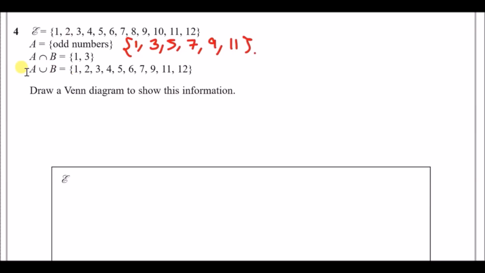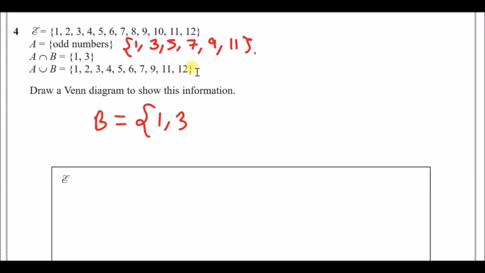Now the next part, A and B. This means that when the set of A intersects with the set of B, only 1 and 3 are in common. So from this information, we can say that set B must have at least 1 and 3, because that's what they have in common. Now the next part, A union B. This means that A unites with B, and when you collect A and B, these are all the numbers that they have.